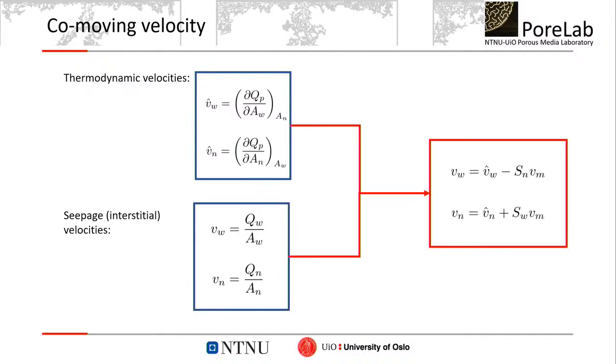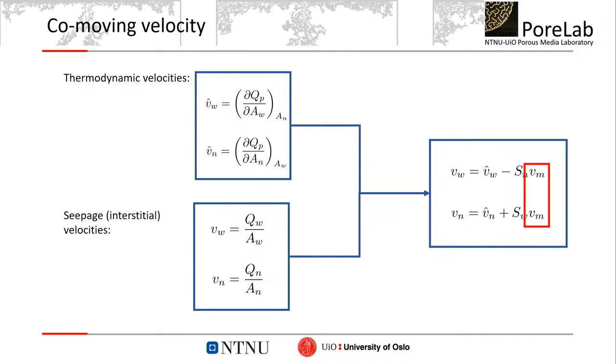But it turns out that there's a connection between them, between this seepage velocity that you measure directly and this thermodynamic velocity that you measure indirectly. Namely, this velocity here is this velocity minus the non-wetting saturation times a function Vm.